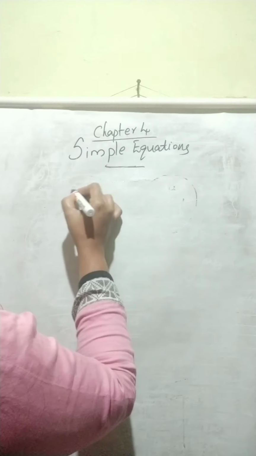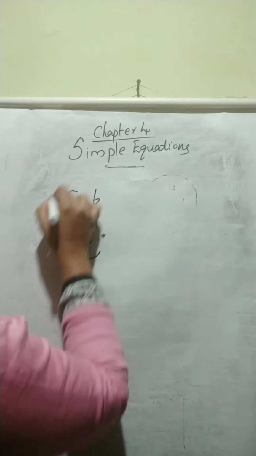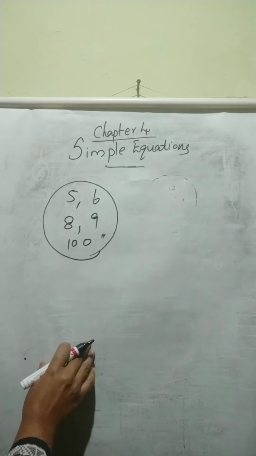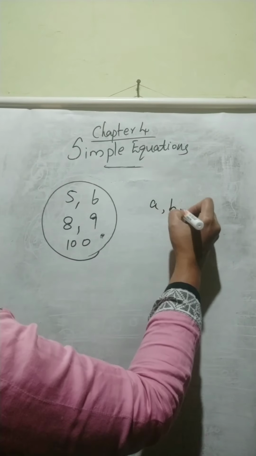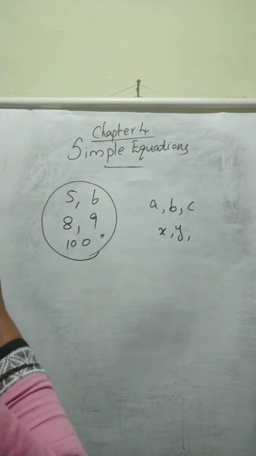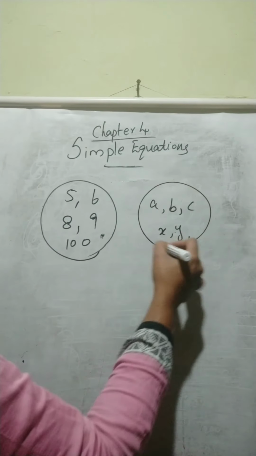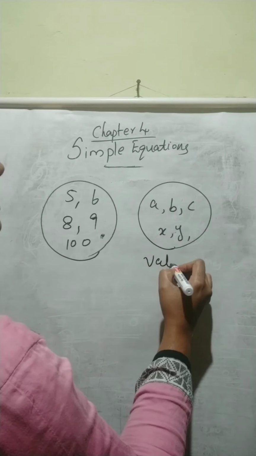Here we know that 5, 6, 8, 9, 100 are constants. A fixed value is there. Then for A, B, C, X, Y, any alphabet, these are unknown values. These are known as variables.